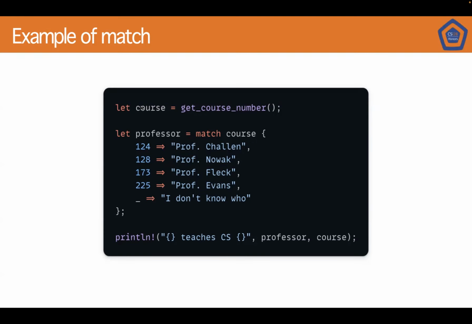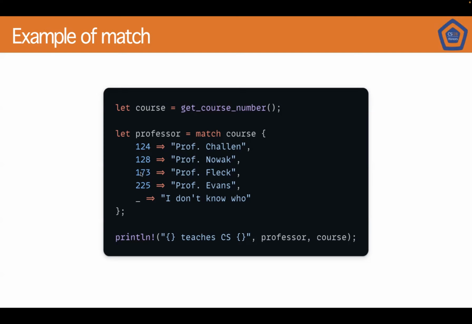When this match statement executes, it will check to see if the first pattern matches course. Since the first pattern is 124, it doesn't match course. So we'll move on to the next pattern, which is 128, which also doesn't match course. So we'll move on to the third pattern, which is 173, and that does match course.